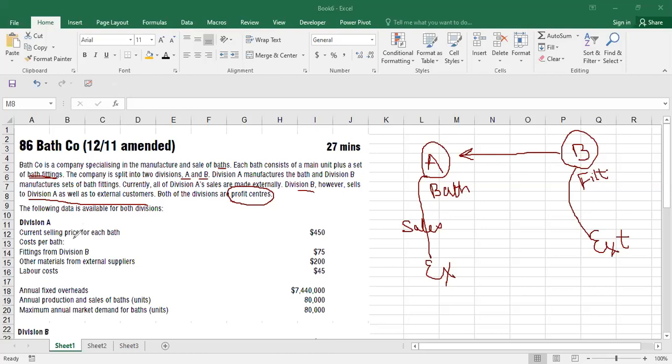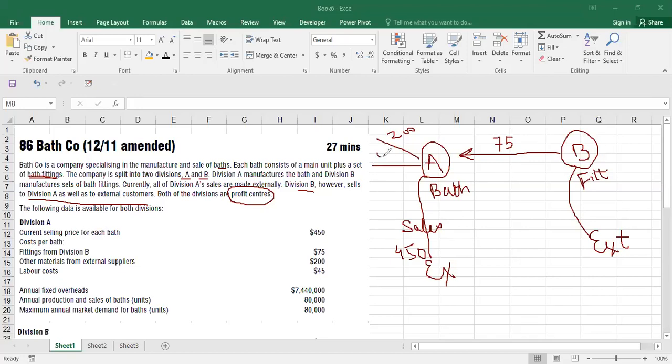Division A's current selling price for each bath is 450. And the cost per bath fittings from Division B is 75. They also get other material from an external supplier for 200, and they have a labor cost of 45.